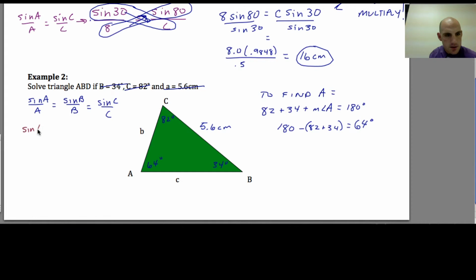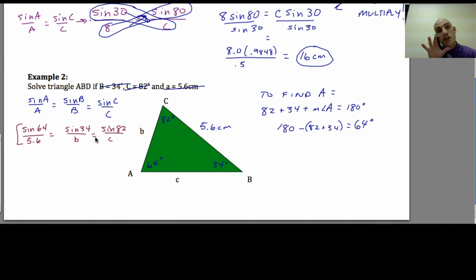I'll use this maroonish pinky color. Sine 64 over A, which is 5.6, is equal to the sine of B, which is the sine of 34, over B, which we don't know, is equal to the sine of 82 over C. Now, this is our key right here, because we have this one.